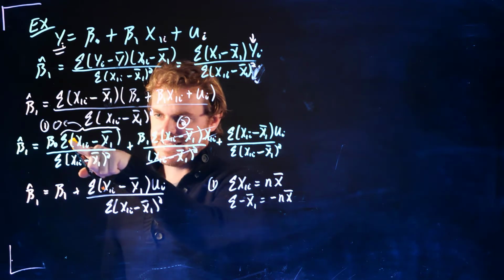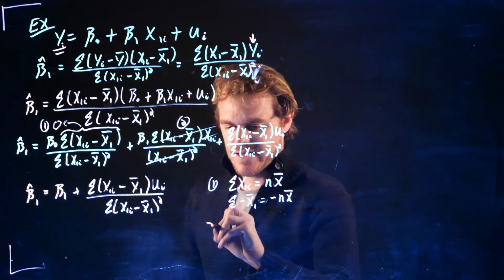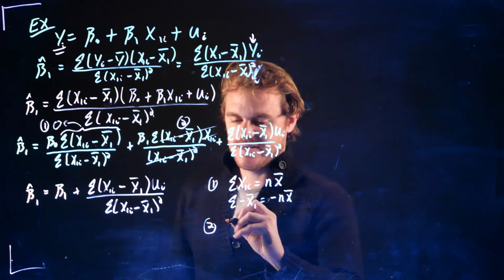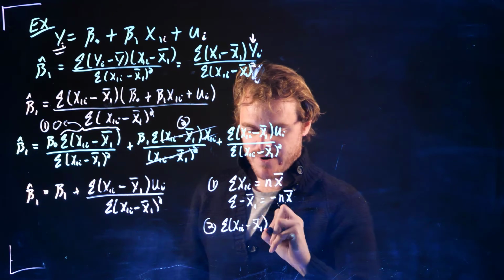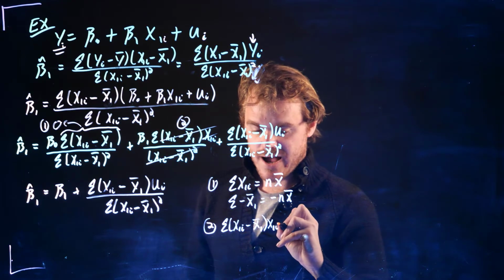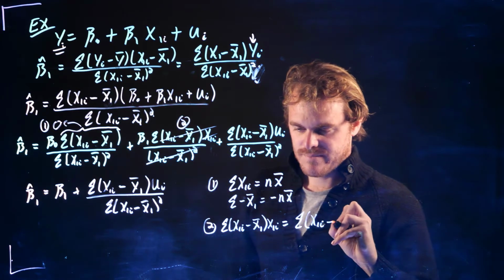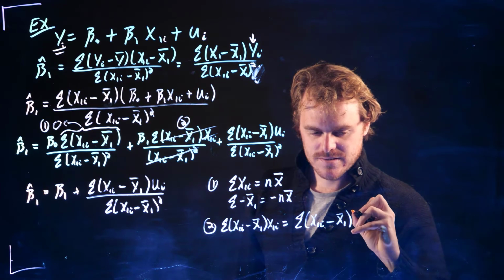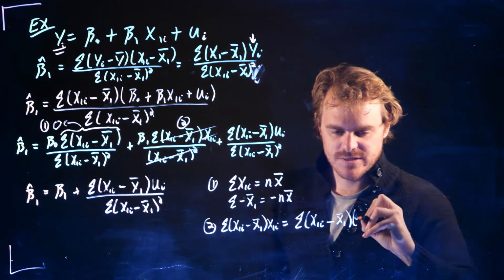That means these are going to cancel out once you break up the sum. And the second thing happening here is that mathematically (x1i minus x1 bar) times x1i is the same thing as (x1i minus x1 bar) squared. Or I mean, we could even do it in two more steps.